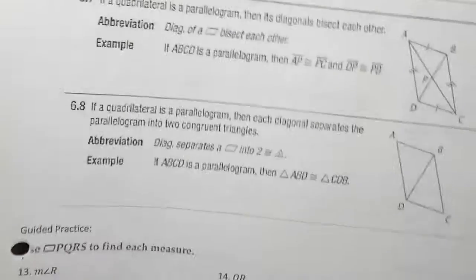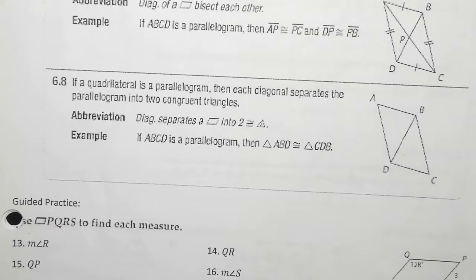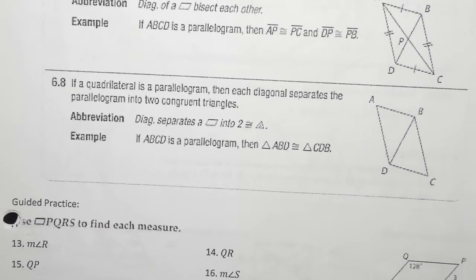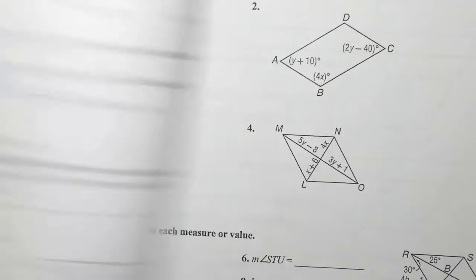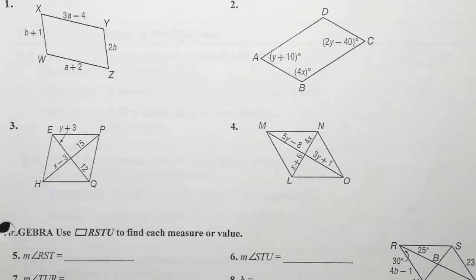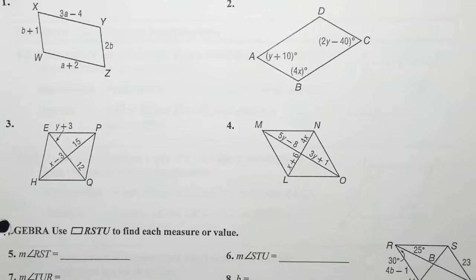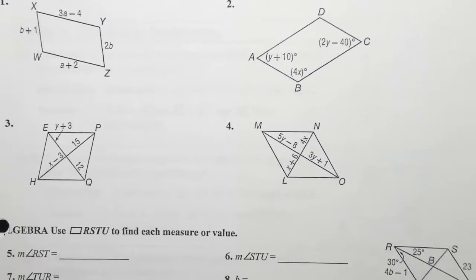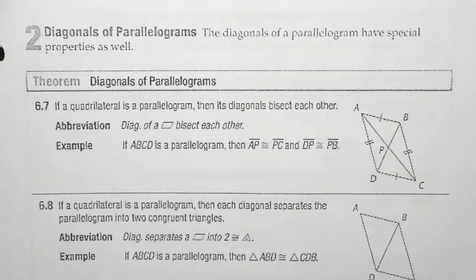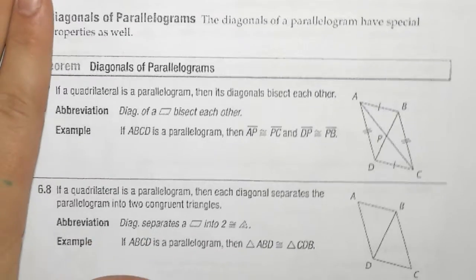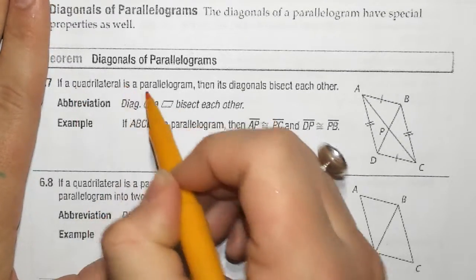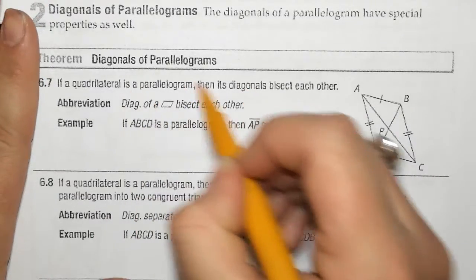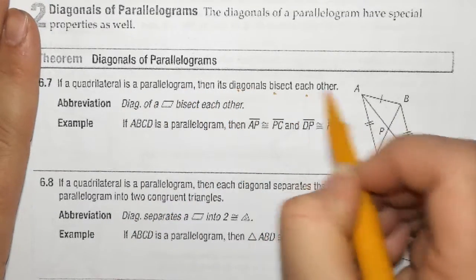Okay, let's go ahead and start talking about the next part of this. Okay, so one more property of a parallelogram talks about its diagonals. If a quadrilateral is a parallelogram, then its diagonals bisect each other.